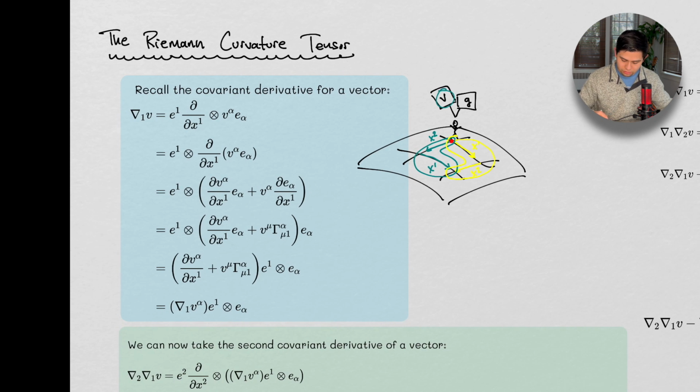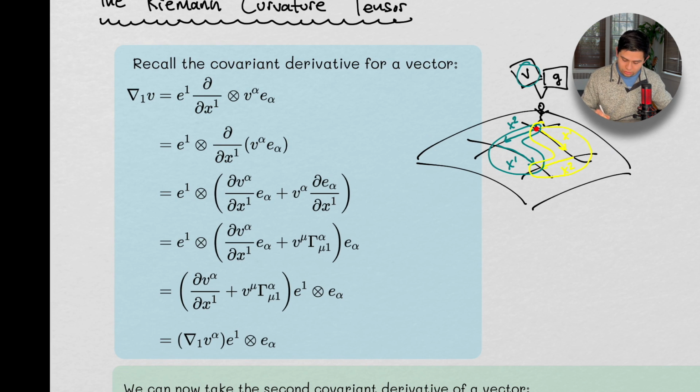Anyways, let's get started. So we started to talk about the covariant derivative in earlier videos. The covariant derivative, again, is this idea of the derivative of some vector in the x1 direction, okay? And this is a basis vector. These are the components of the basis vector. And this comes from that realization, right? So this is the covariant derivative of v in the one direction, okay?